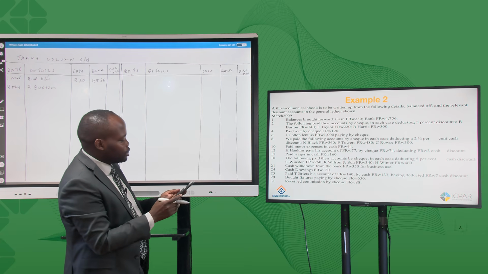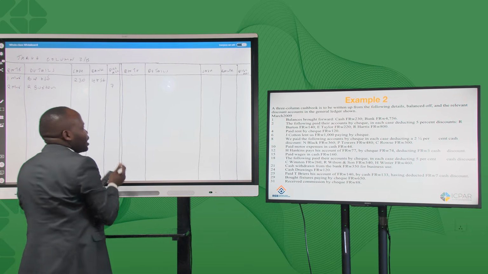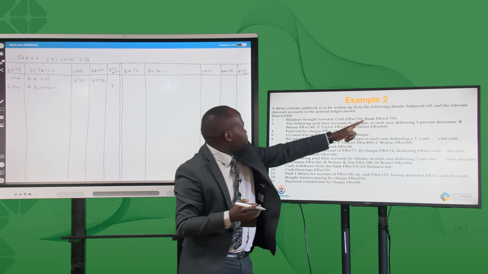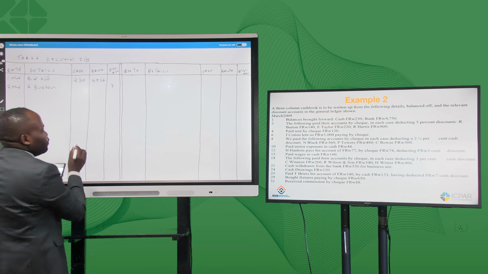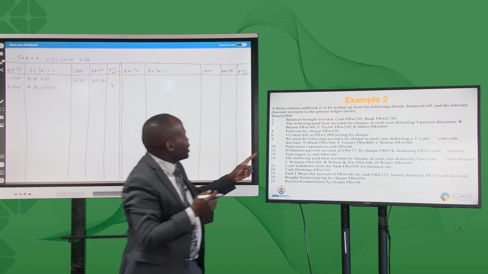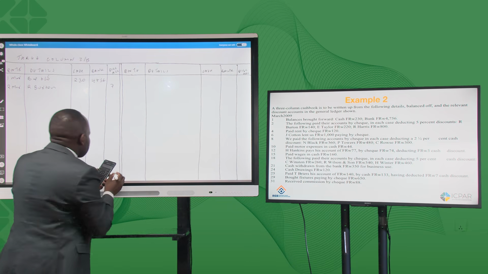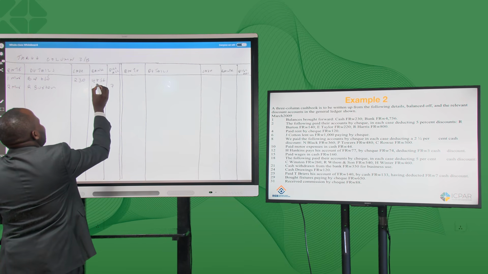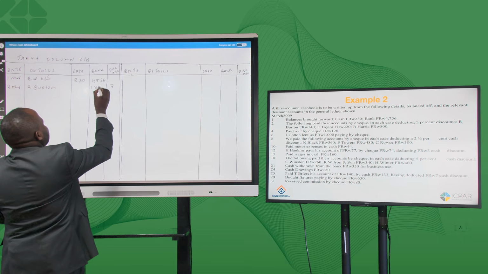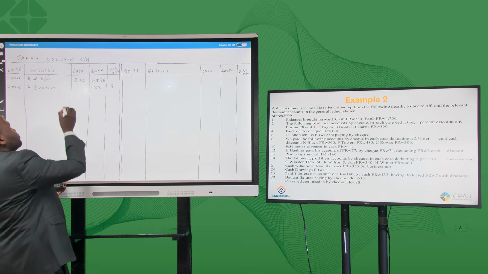So the discount was 7. How did I get 7? It is 5% of 140. Now 7, you minus from 140. It was by check, so it was going to the bank. So 140 minus 7 gives you 133. So 133 plus 7 should give you a total of 140.